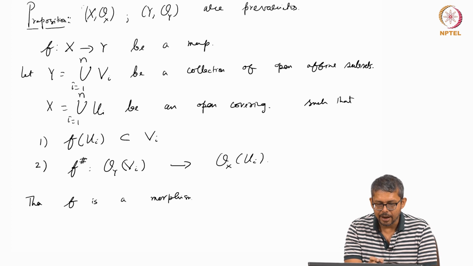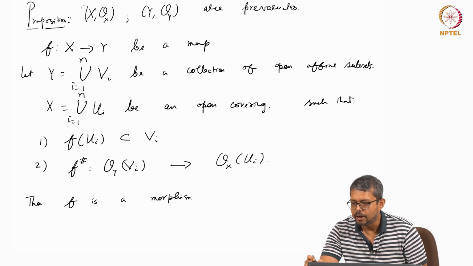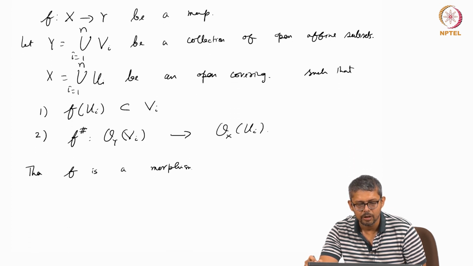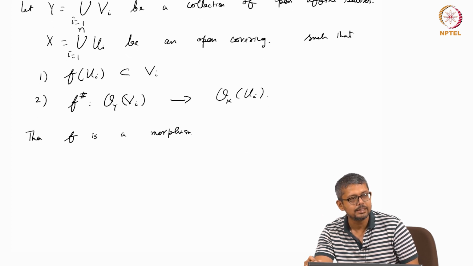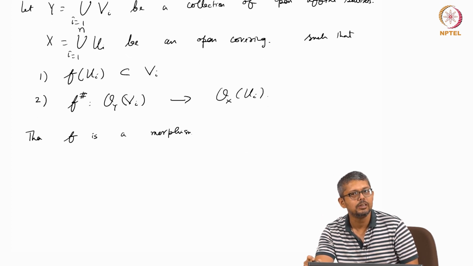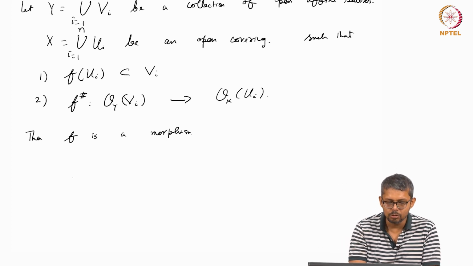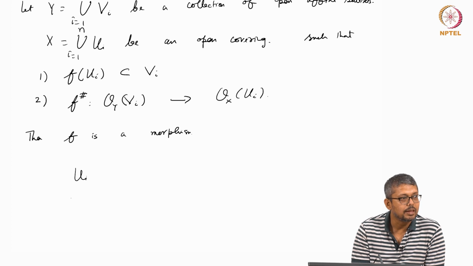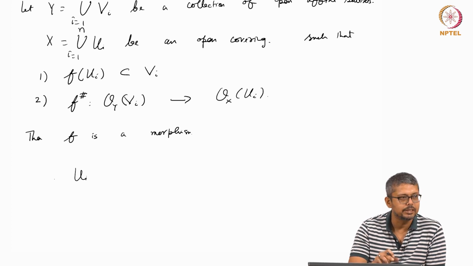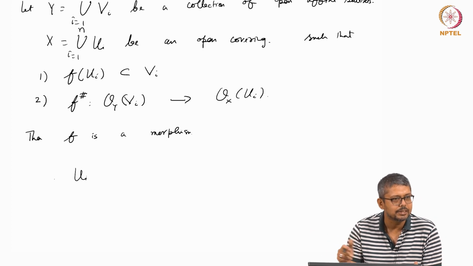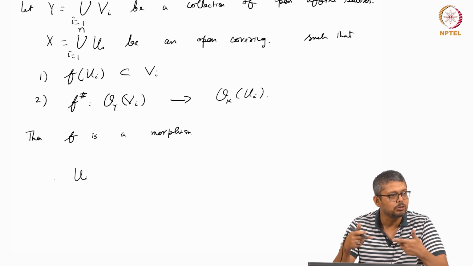First of all, I did not choose U_i to be affine, but as you know, without loss of generality, I can choose U_i to be affine. Because after all, X is a pre-variety, so it is covered by affine open subsets. If I choose some open subset U_i, then I can take some affine cover of X, say U_i tilde, and take U_i tilde intersection U_i. That will be affine, and that is also in U_i.